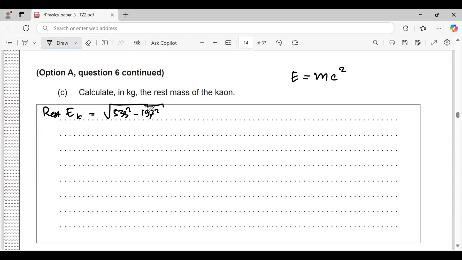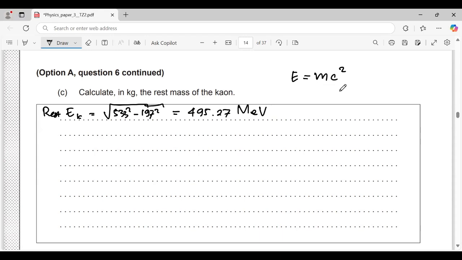This is the energy minus the momentum. And the result is 495.27 mega electron volt.